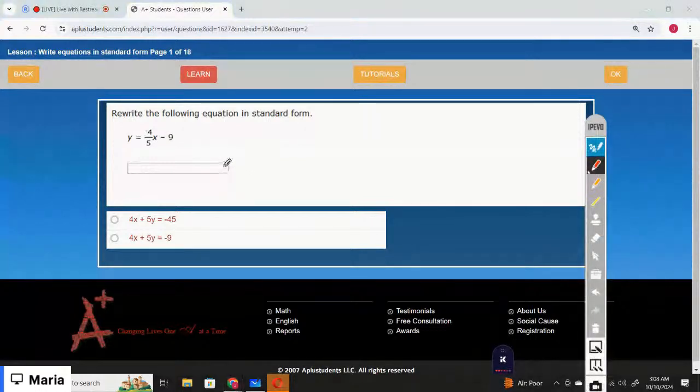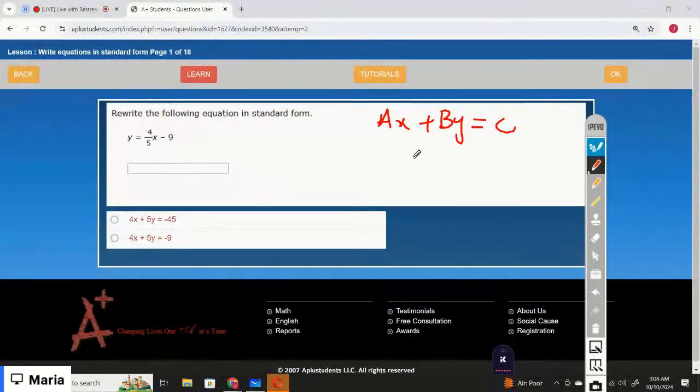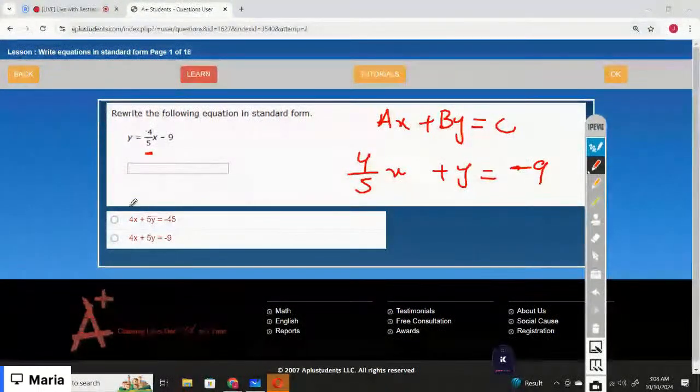The equation is y equals negative 4 by 5x minus 9, right? You need to write it in standard form, that is ax plus by equals c, right? So let's just move this negative 4 by 5x on the other side, right? So then that is 4 over 5x plus y equals negative 9, right?